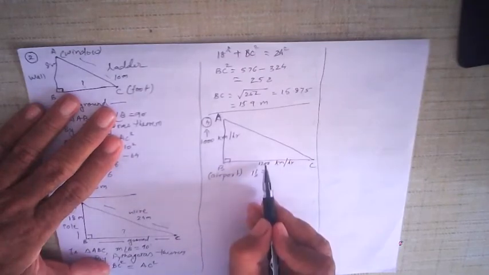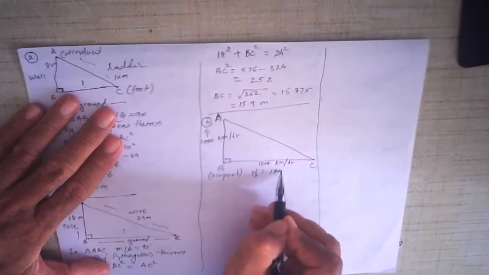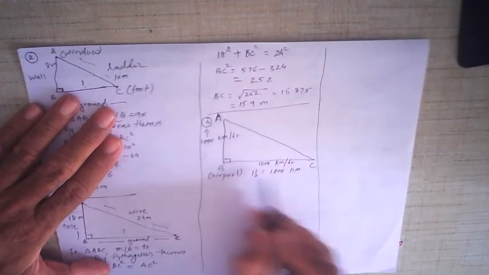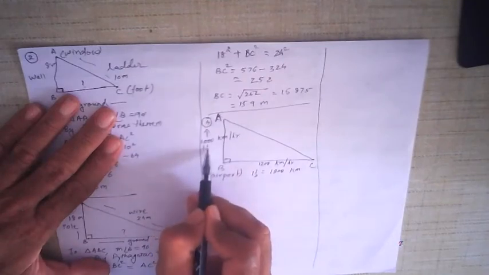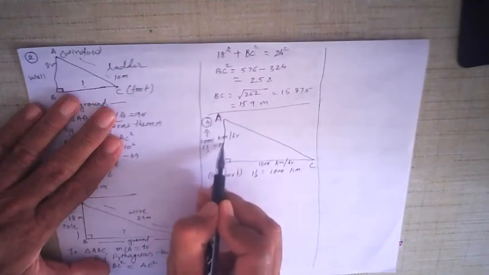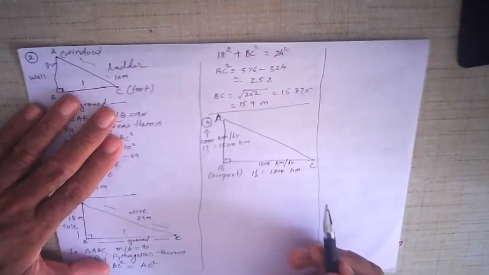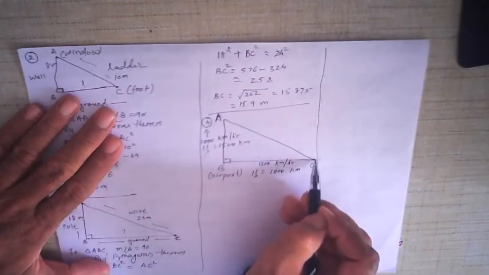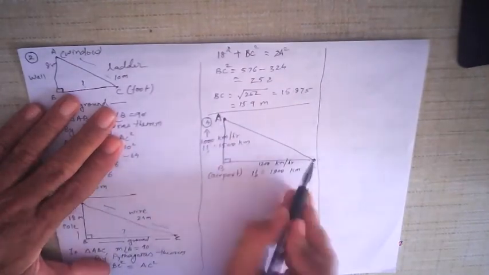In 1 hour, 1200 kilometers, half an hour 600, so 1800 kilometers. The other will travel 1500 kilometers in 1.5 hours. You want to find how far apart the planes will be after 1.5 hours. That means you want to find AC.